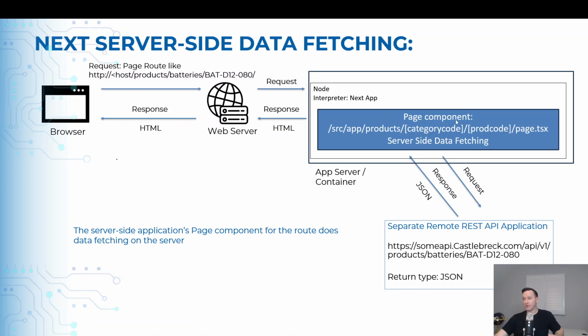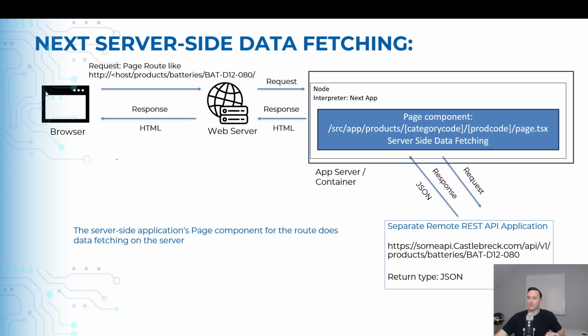This page component will receive that JSON, parse it, and then do server-side rendering to render that. What gets sent back to the client is HTML, not JSON. The web server, of course, reverse proxies that.